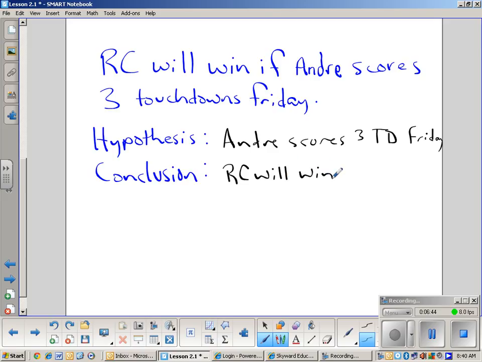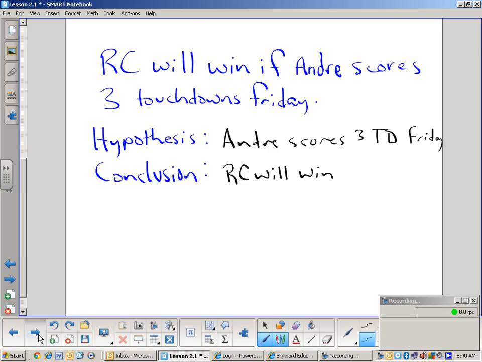Alright? So if they switch it around on you, you don't have to rewrite it. I'm going to leave that up to you. But you have to at least rewrite it in your head in if-then form. If what? Well, if Andre scores, then we will win. Right? So the if part is always our hypothesis. Any questions on this before we move on?